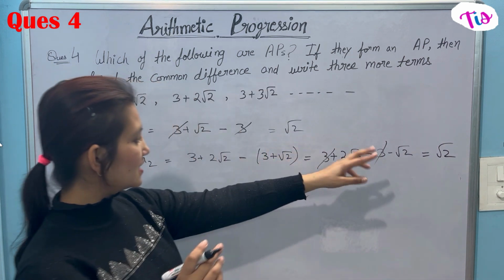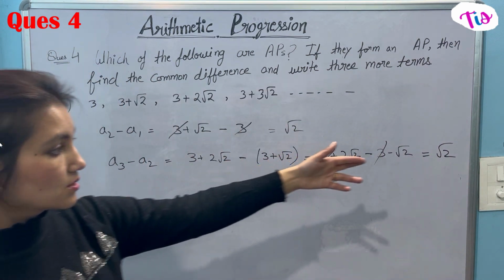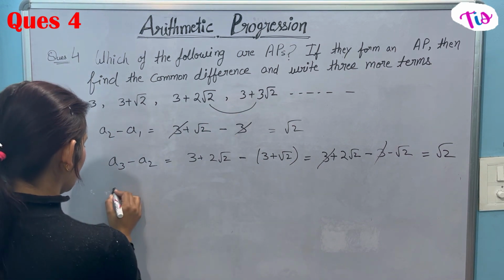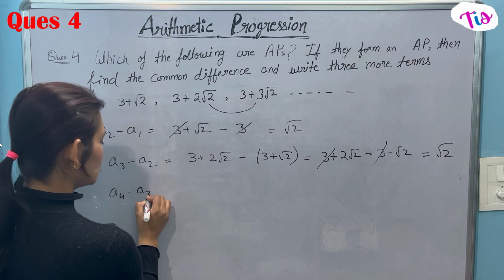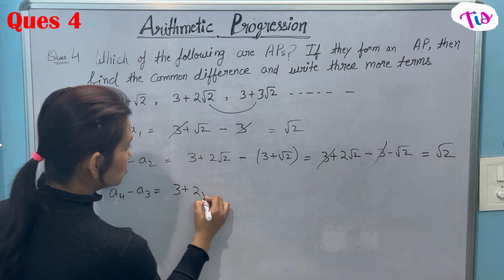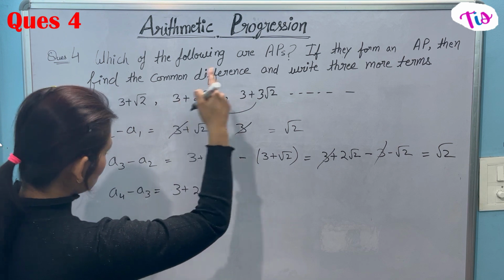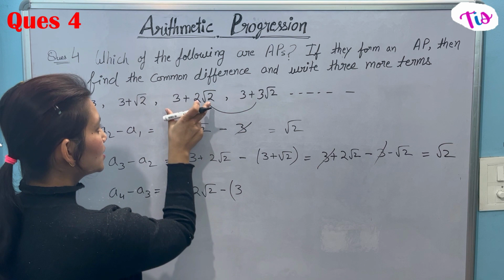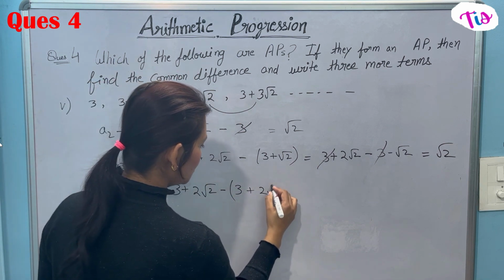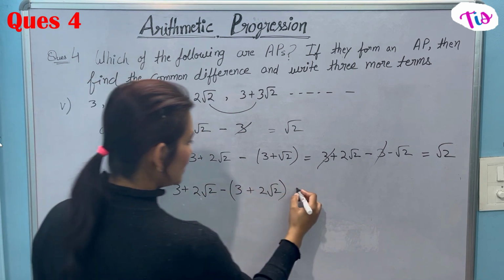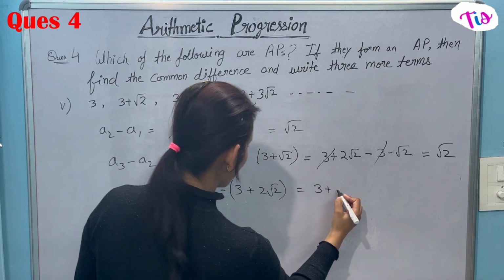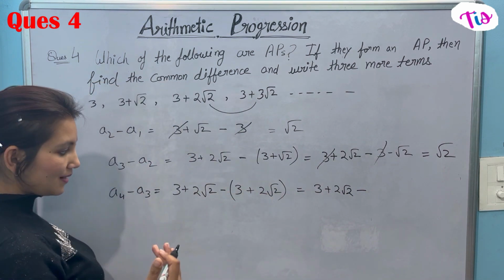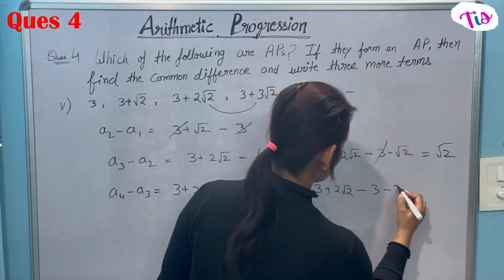So here also we can see A2 minus A1 is root 2 and A3 minus A2 is root 2. Again, we just need to check A4 minus A3. A4 is 3 plus 3 root 2, minus A3, which is 3 plus 2 root 2. Again, we'll use bracket because it involves two terms. Once you open the bracket, the sign inside the bracket will change, so plus will change into minus: 3 minus 2 root 2.